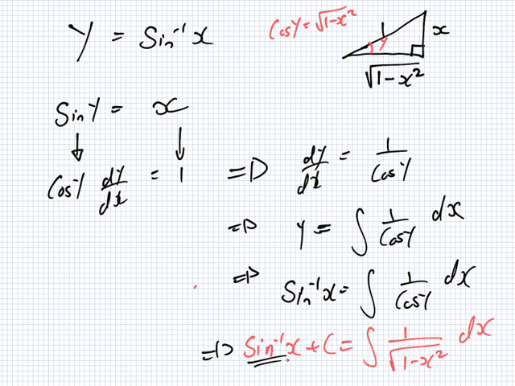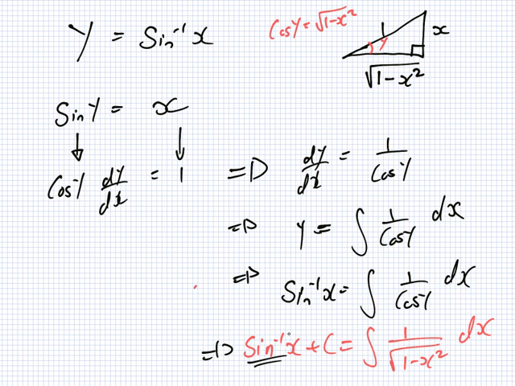They asked you to prove that if you integrate 1 over root 1 minus x squared, you get sine inverse x. So anything that has a sine or a cos or a tan in it is something that could be asked in the exam to be proven.